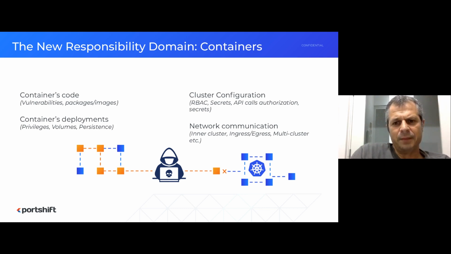But it's not it, because the pod doesn't live by itself, doesn't live on an island. There is a cluster, and the cluster has its own configuration. So we need to make sure what roles we are setting up, what role bindings, what do we give to whom, right? What are the secrets? Of course, it's a very powerful secret mechanism.